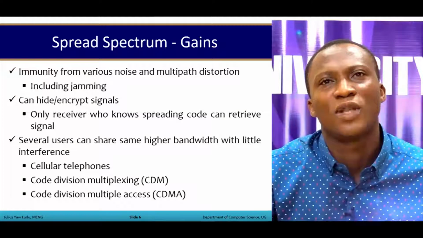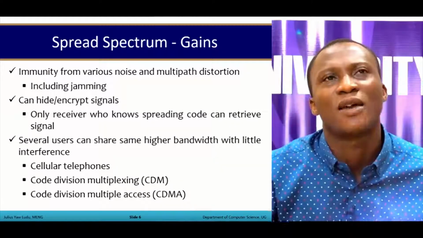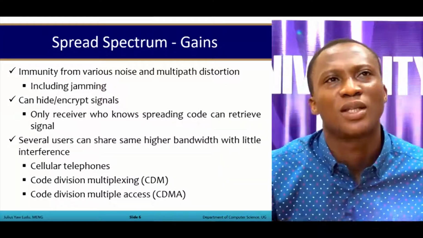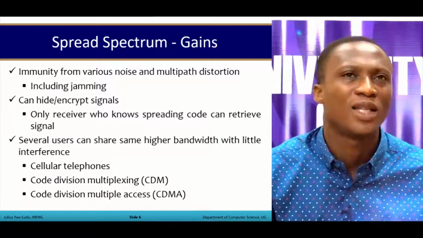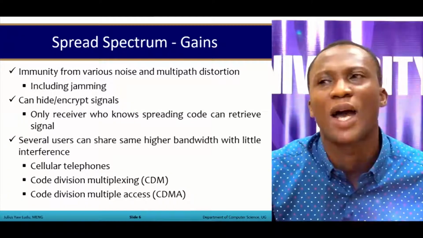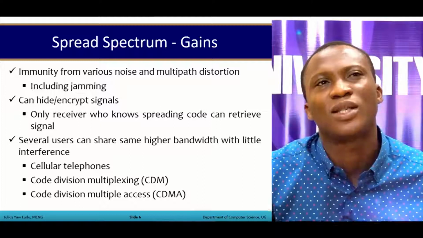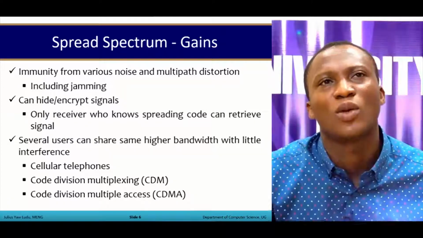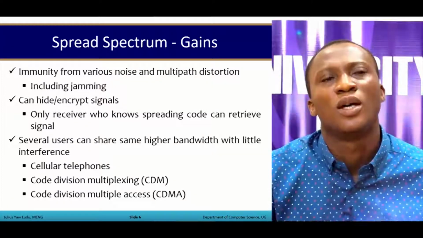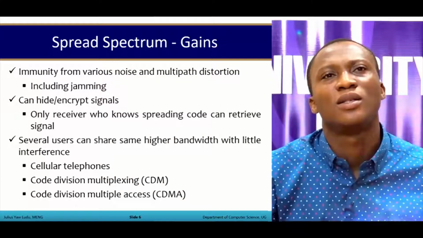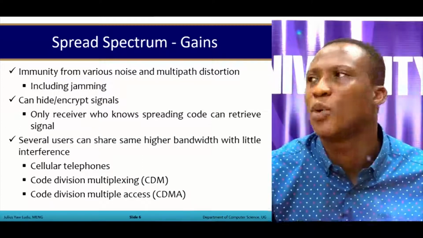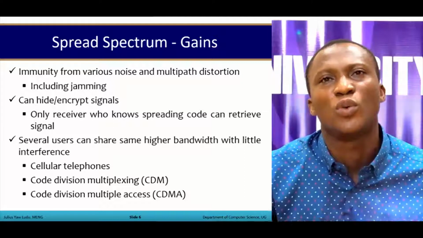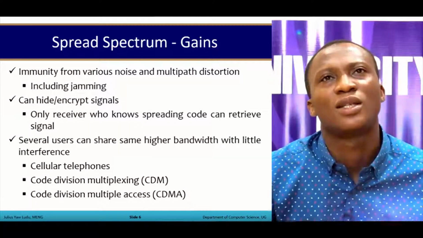Once you don't have the pseudo-random code, you are not able to decipher what information is being sent across the network. Also, several users can share the same higher bandwidth with little interference. We are talking about cellular telephones, code division multiplexing, and code division multiple access, CDMA, which we'll speak about in our next session.